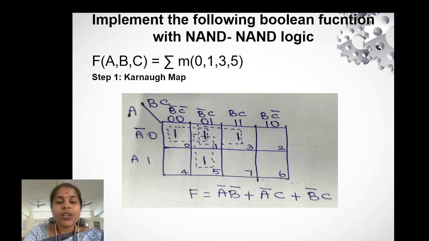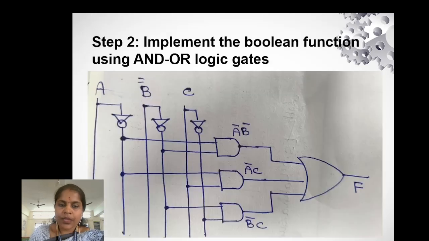Now we can form the largest possible groups from this K-map. From this grouping, we obtain the simplified terms for the final output. The final output from the simplified K-map expression is A bar B bar plus A bar C plus B bar C, from three different groups in the K-map.